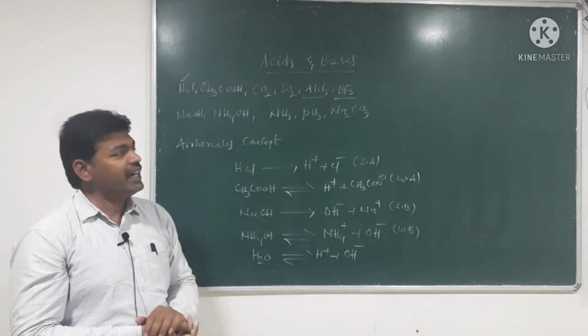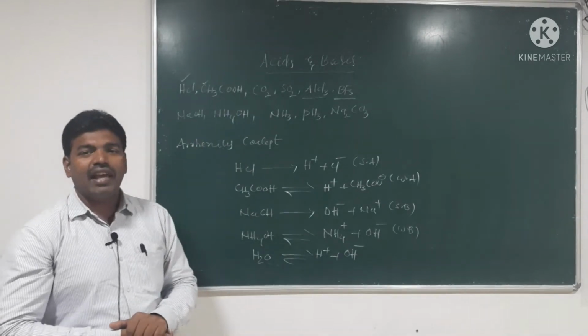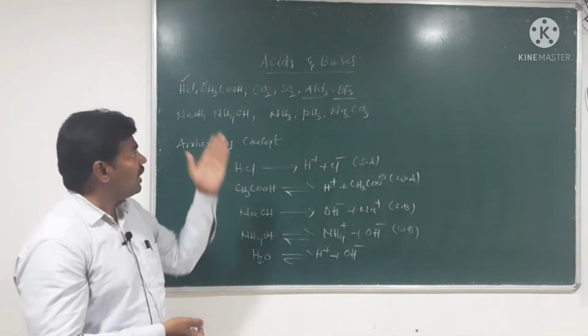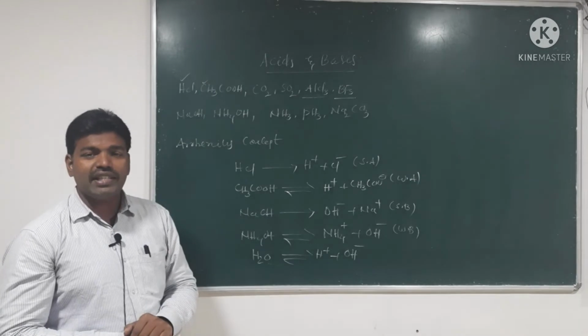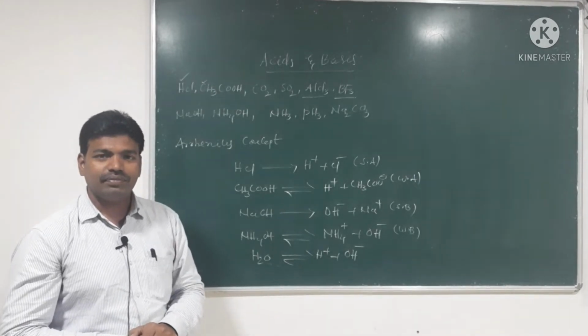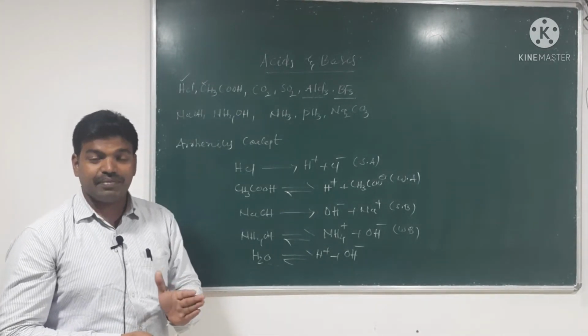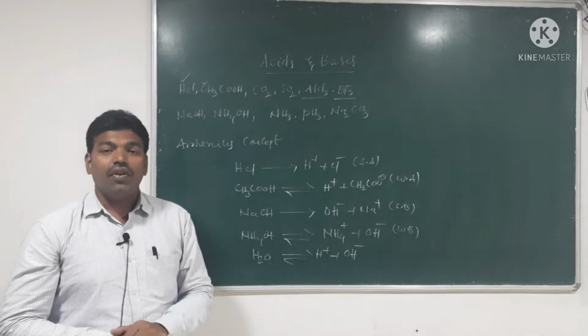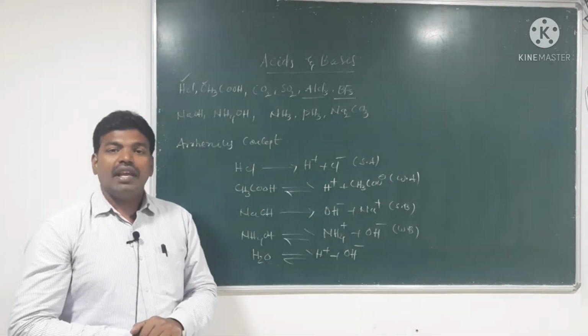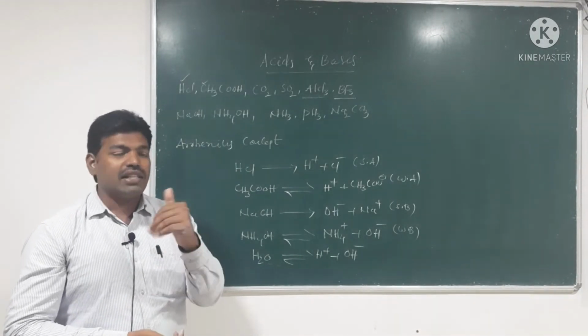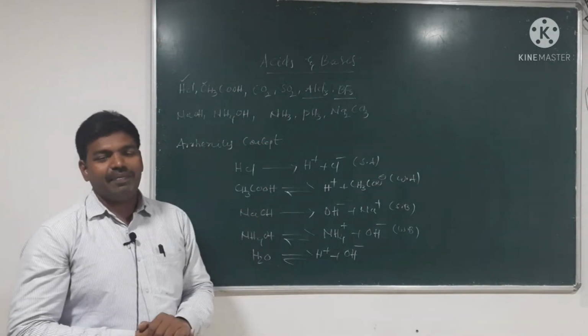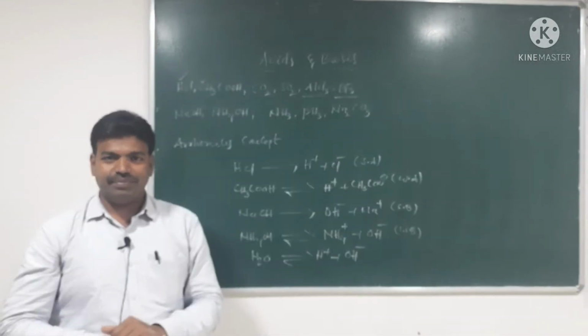How can we regard AlCl3 and BF3 as acids, or CO2 and SO2 as acids? That means the Arrhenius theory fails to explain the acidic nature of compounds like AlCl3 and BF3.